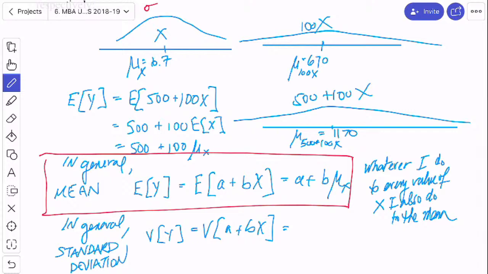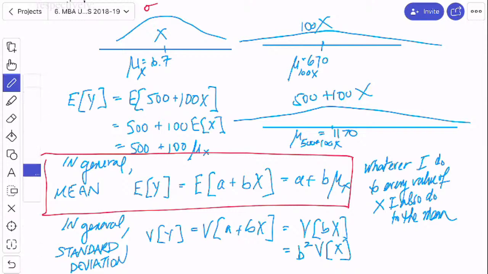So the variance of y: it turns out the shift factor doesn't do anything to the variance. It's the factor of b. And just like every other value, the scalar, the multiple in front, also gets squared. So the variance of y will be b squared times the variance of x.